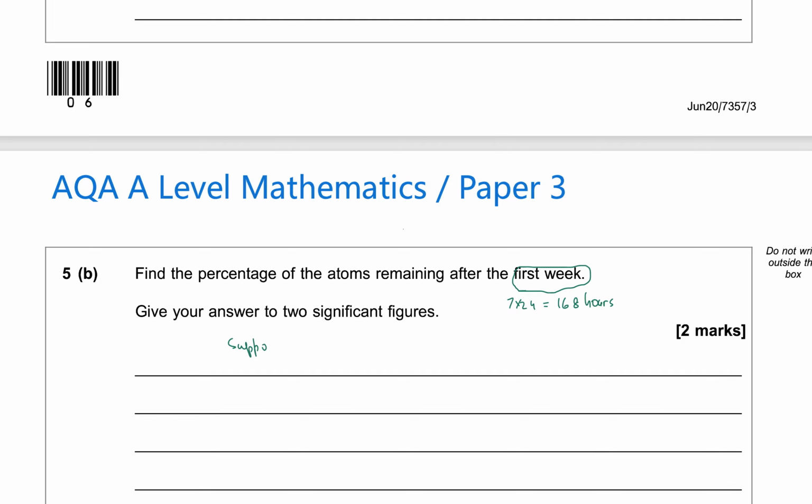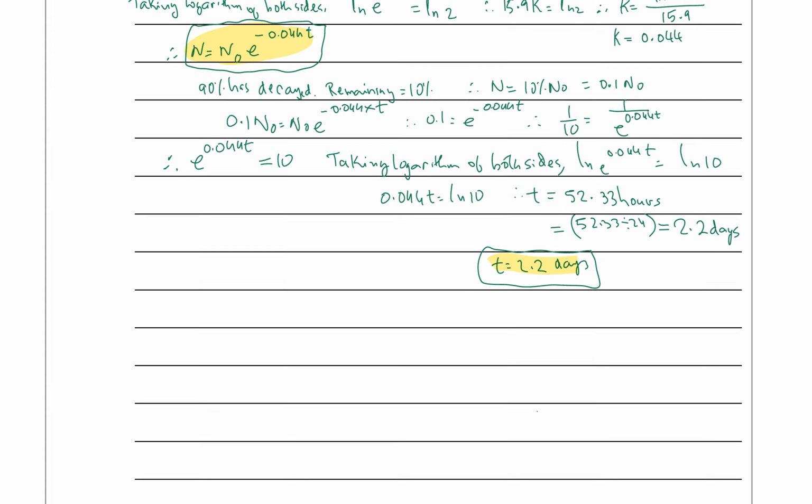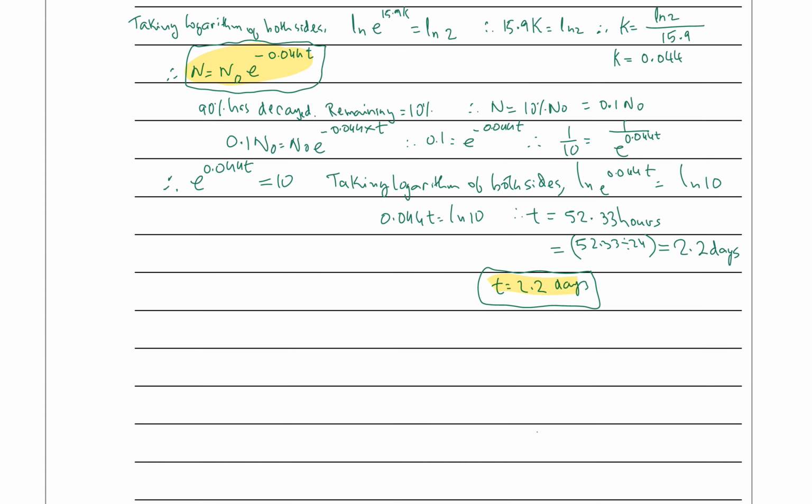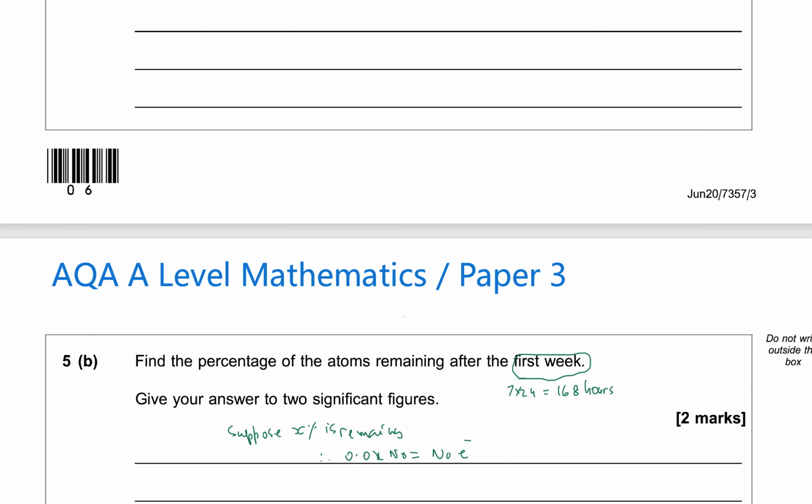Suppose x% of the atoms is remaining. Therefore, x over 100 times N0 is equal to N0 times e to the power minus 0.044 times t, where t here is 168. So I can work out 168 times 0.044.